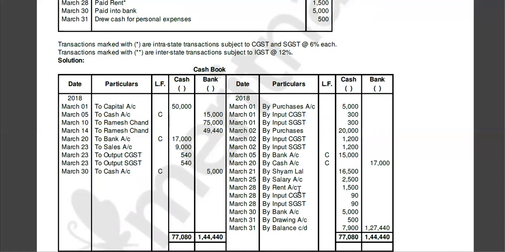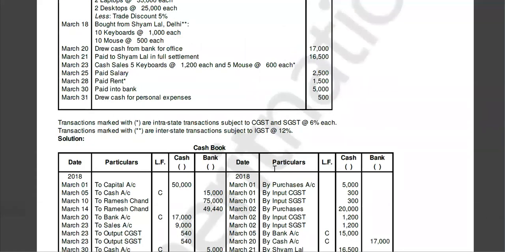See, the rent is paid rent. Under paid salary, we need not consider GST, but under paid rent we have to pay CGST. Because salary and rent, the two terms differ. If you are going to give salary, you need not pay any GST.